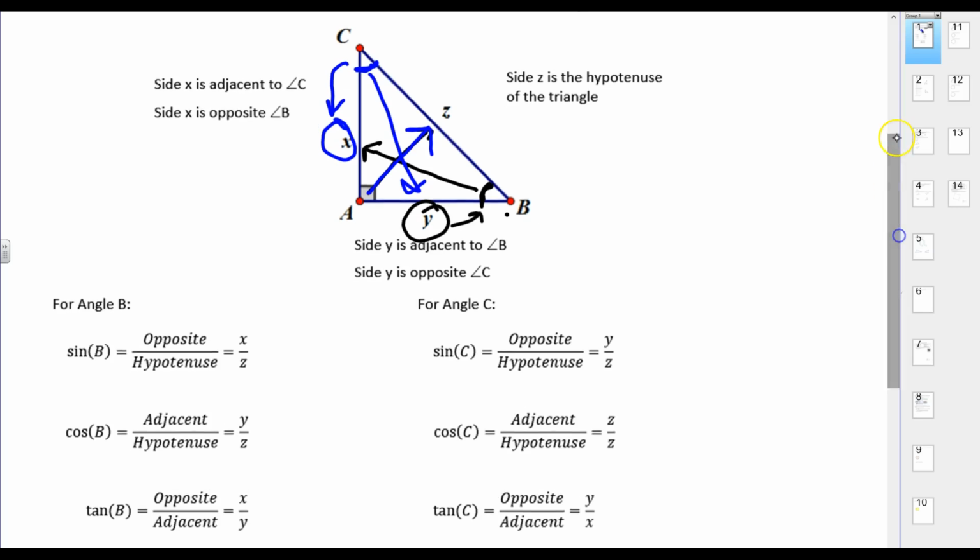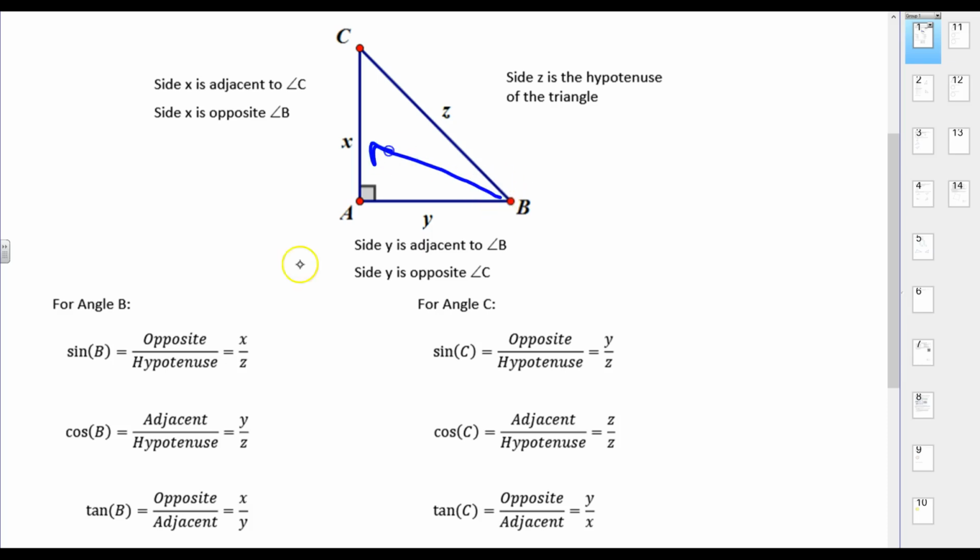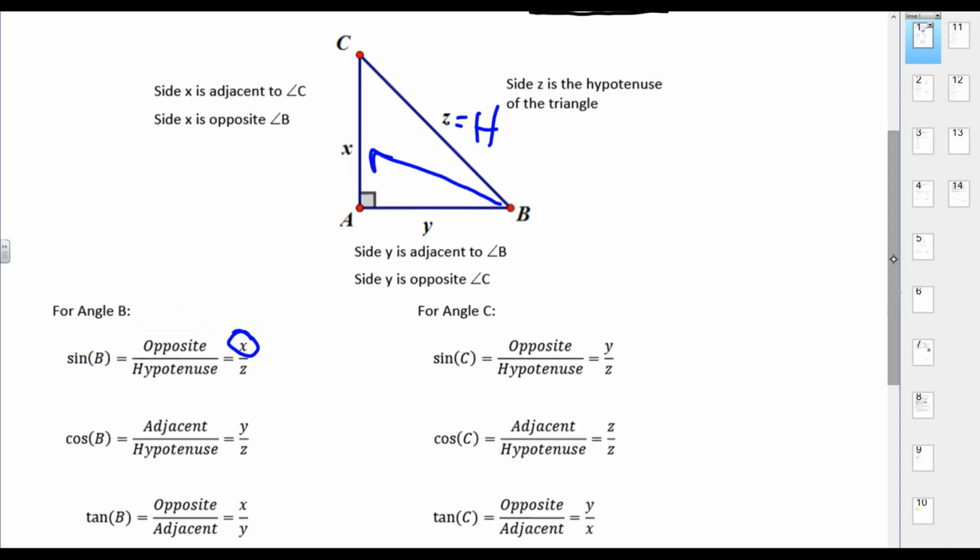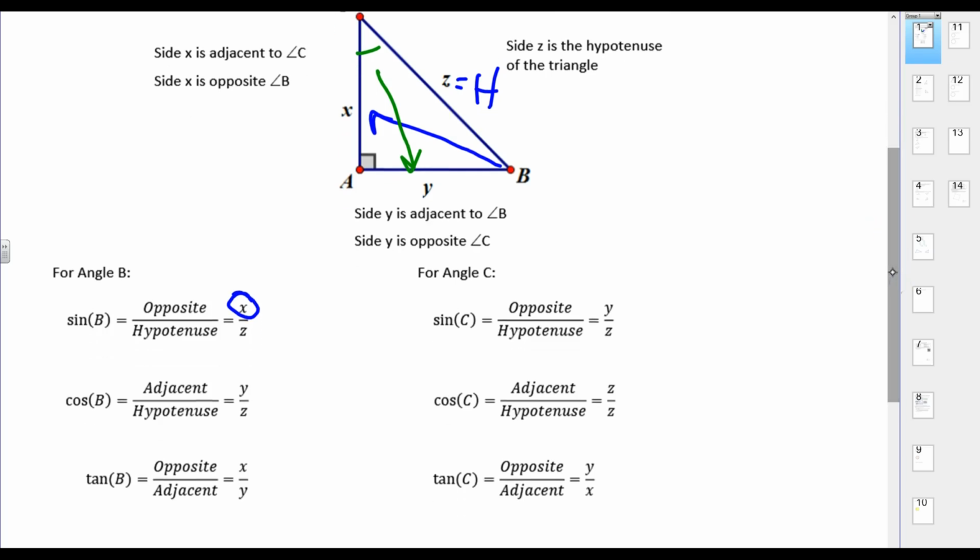If we're looking at angle B, for example, I am going to pull the side opposite angle B, that's X, and the hypotenuse, which is Z. And so my sine of B is equal to X over Z. Sine of C, on the other hand, would be opposite, which is Y, over Z, which is the hypotenuse. So opposite over hypotenuse.